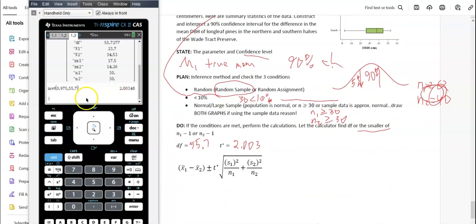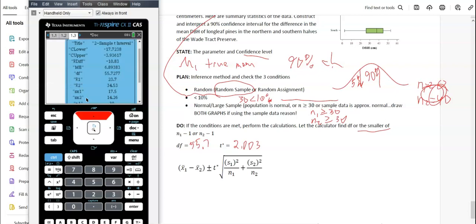Now, let me go back to it so I can see the data. So there's the data. I'm just going to plug into the formula here.